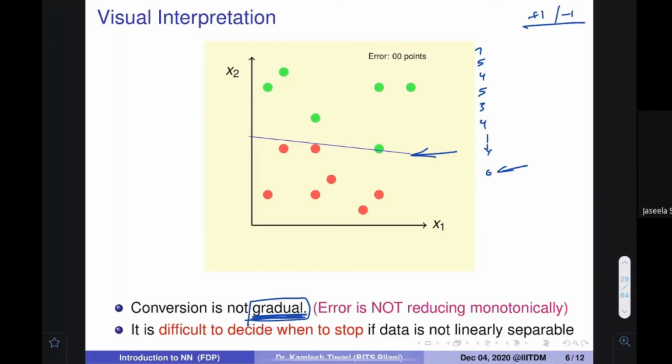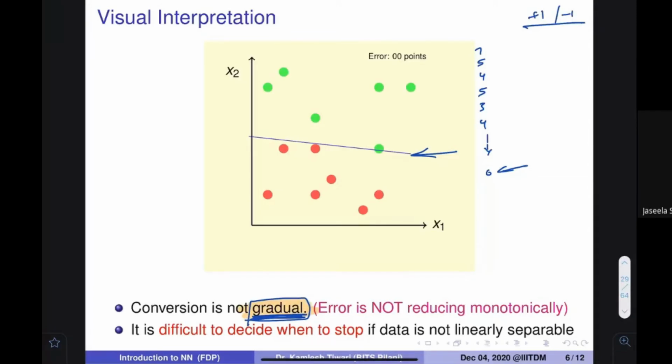Everybody is okay with that? So how to solve this problem? Whether it's a problem or not, we'll be talking about later. But right now, if it is okay, then I'm very happy. So everybody understand that the problem with this kind of approach is that the convergence is not gradual?